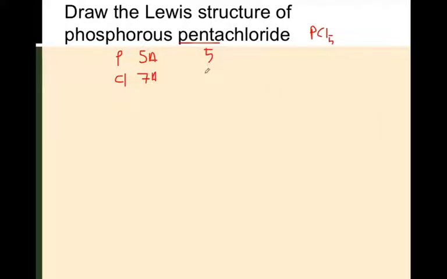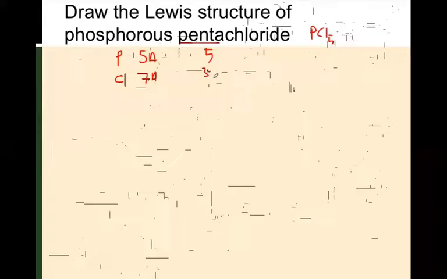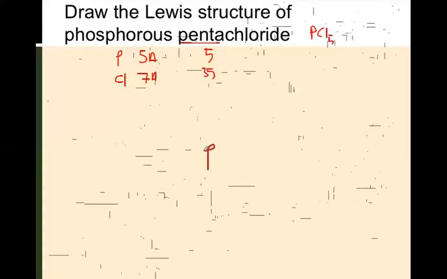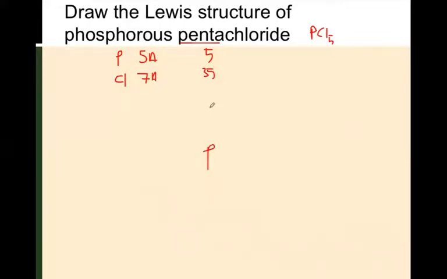Then we have 5 times 7 is 35 electrons from chlorine. We place the least electronegative atom in the center, so it's going to be phosphorus, and then we place the chlorines around it.